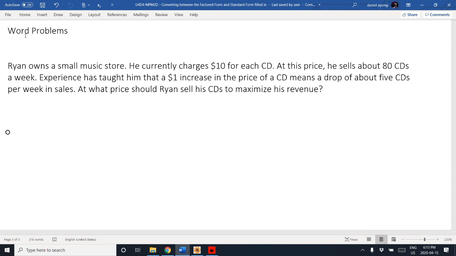So at Ryan's current revenue structure, it looks like this. We know revenue is the amount he makes, which is equal to the price per CD times the number of CDs sold.